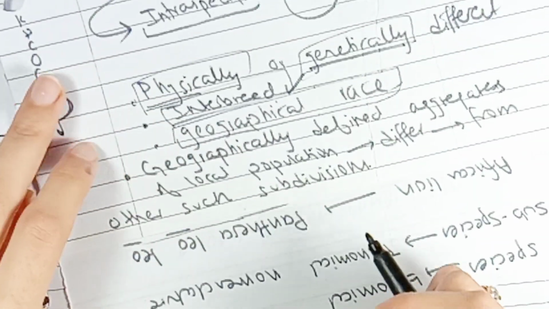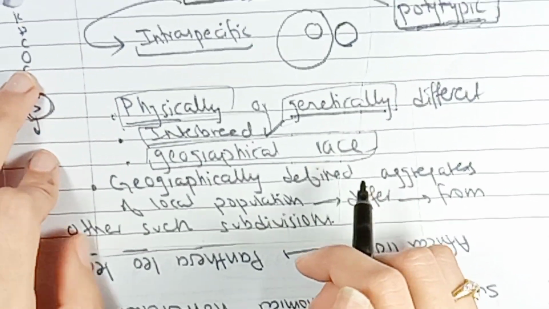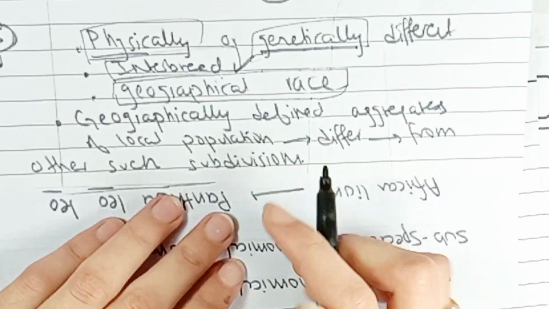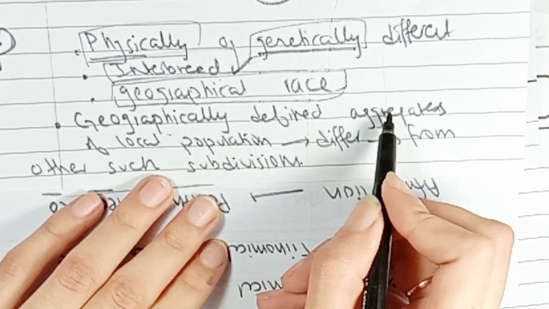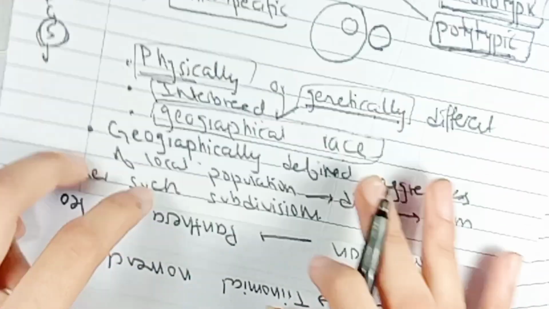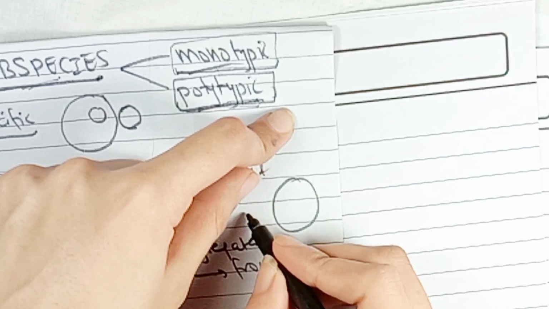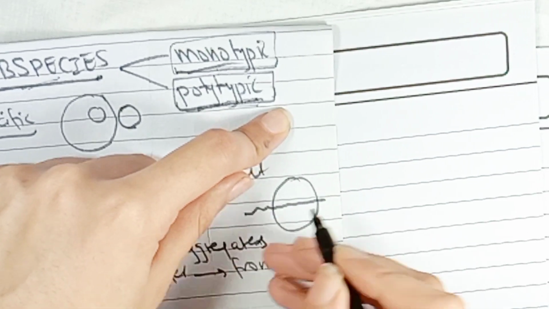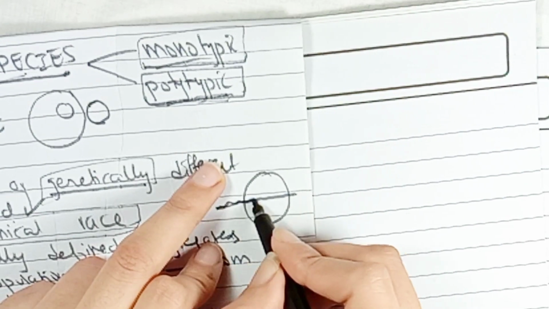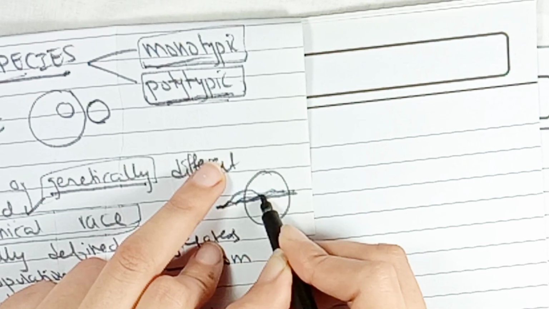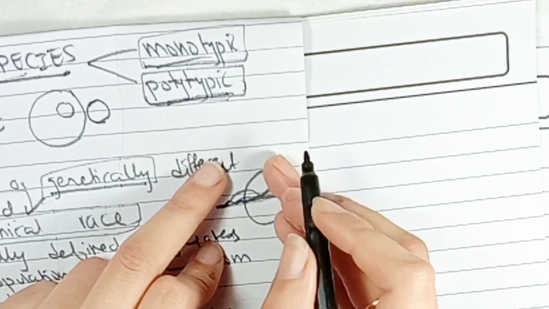So here is another definition of this concept: geographically defined aggregates of local populations. Suppose here is a population. If there occurs a geographical isolation, suppose an ocean arrives here or mountains are formed here, then the geographical isolation takes place.